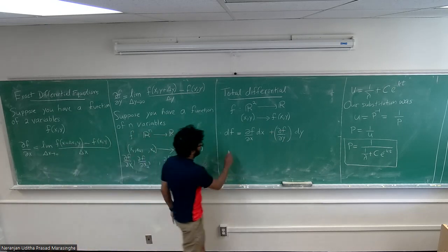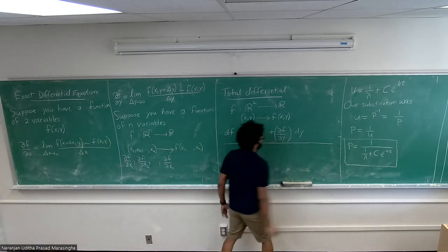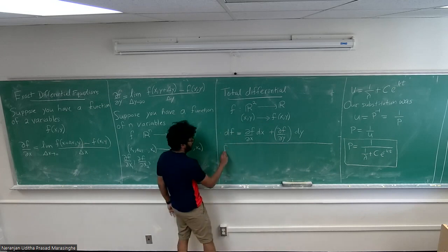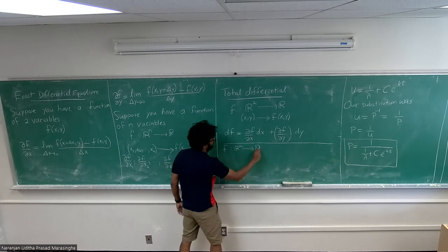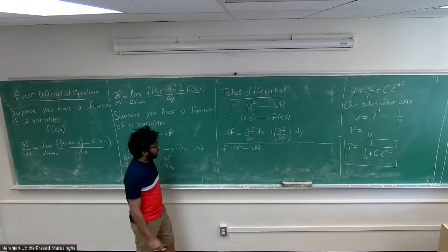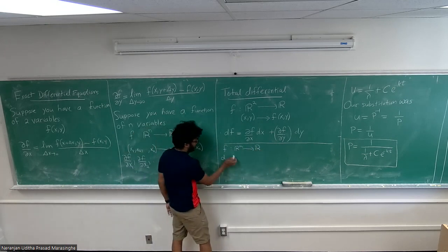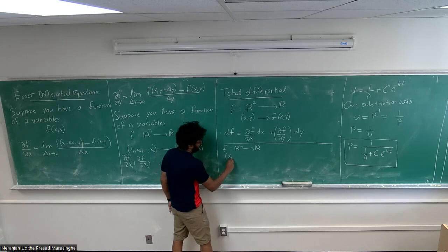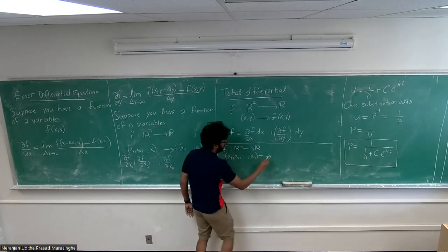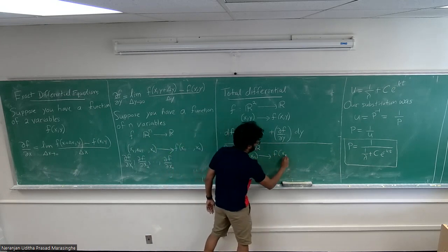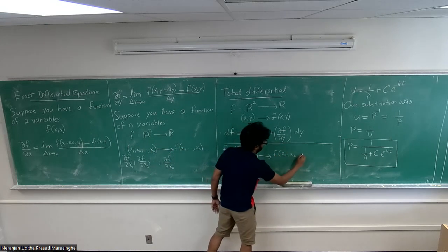Similarly, if we have n variables, a function from R^n into R, your df is going to be, suppose your variables are x1, x2, ..., xn. It could be mapped to f(x1, x2, ..., xn). Okay.